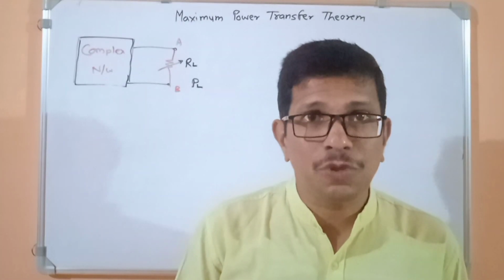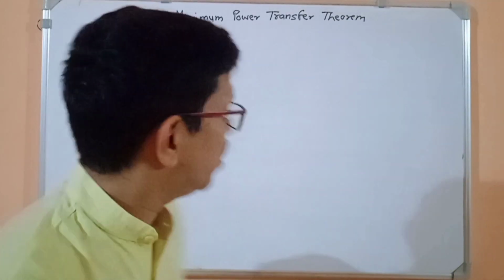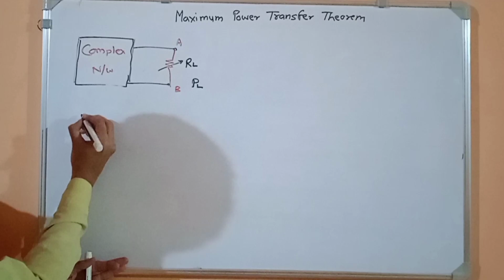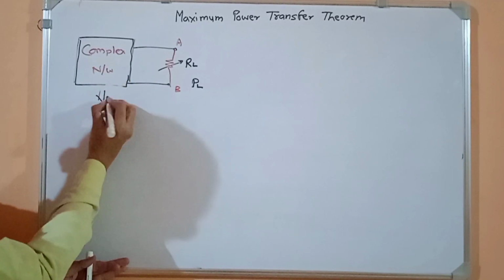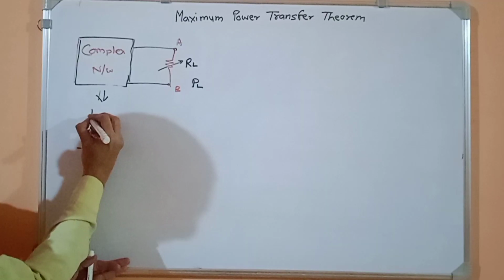So whatever steps we have to follow of Thevenin's theorem. Here I am now drawing the Thevenin's equivalent circuit. The complex network can be converted into Thevenin's equivalent network.